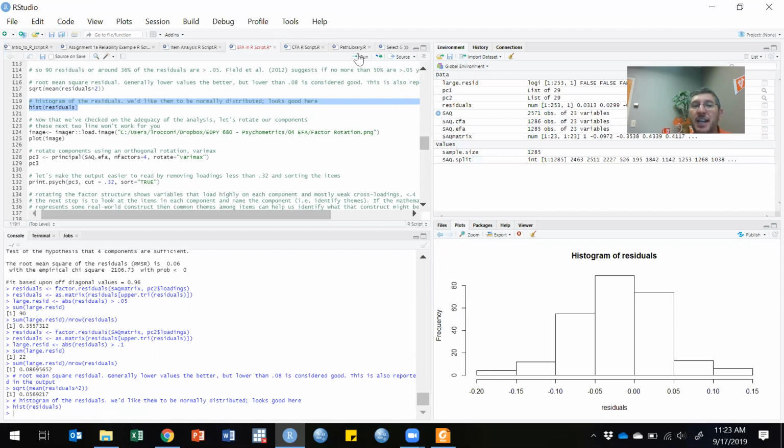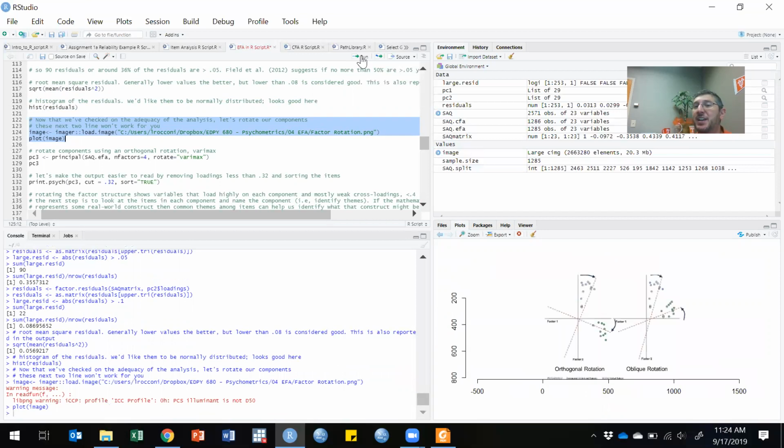But now what we want to do is what we call rotate the output, or the loadings here. And basically what's happening in factor rotation is we're trying to make the factors more interpretable.